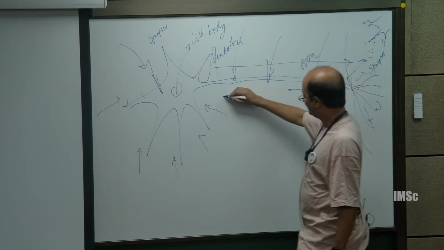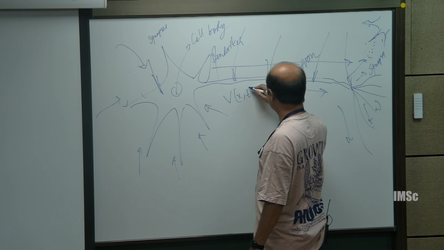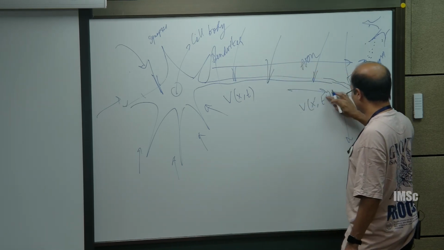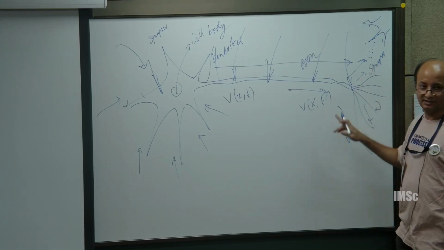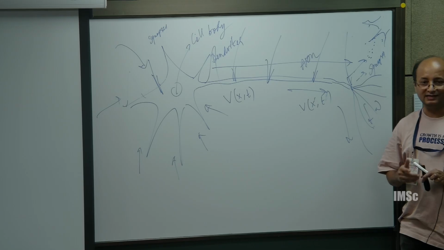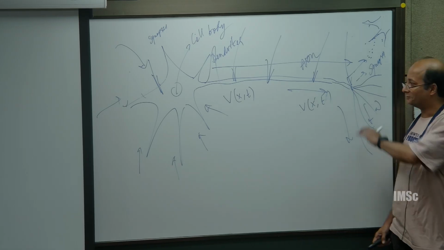So the V here at some x, t is going to be different from the V at some x prime at the same time, right.